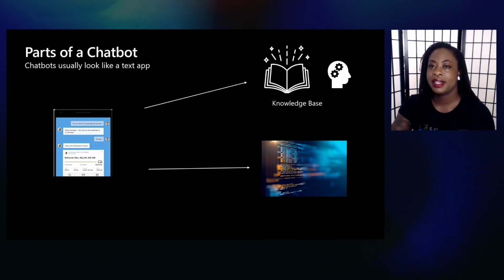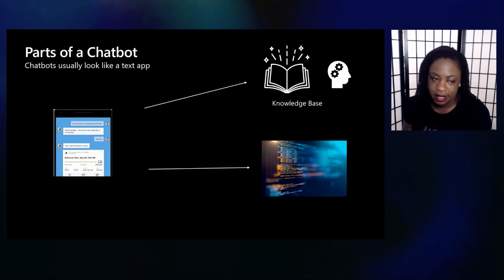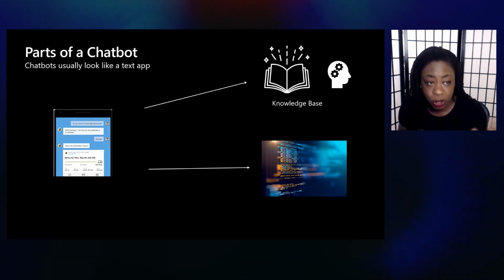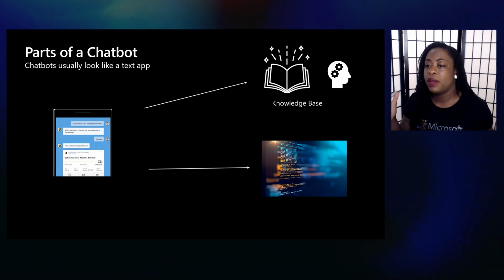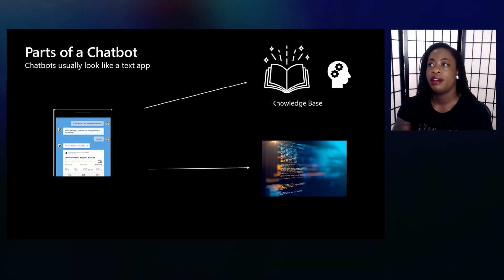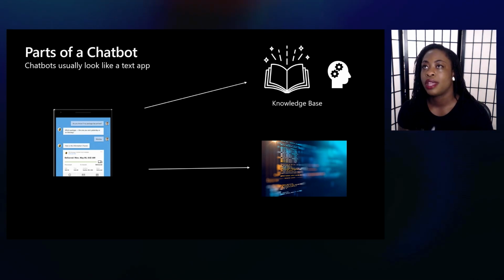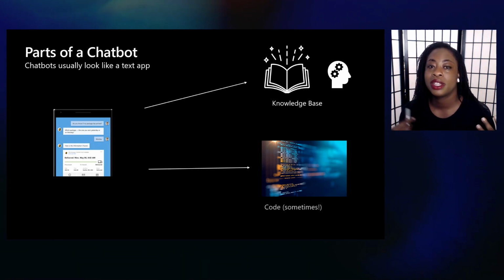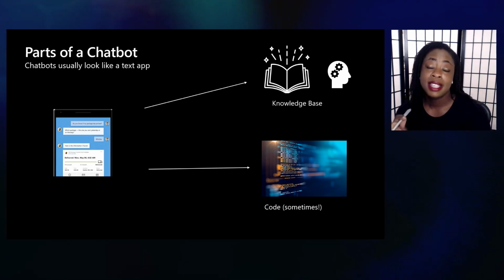Now let's take that robot diagram and replace it with an actual bot interface, which will essentially look like a text message or a group chat. Again, with that concept of the knowledge base, what kind of things you want the bot to say, what things you want the bot to respond to, as well as its code base sometimes.